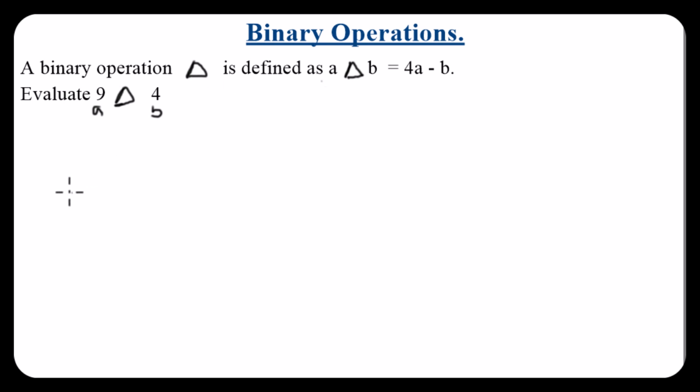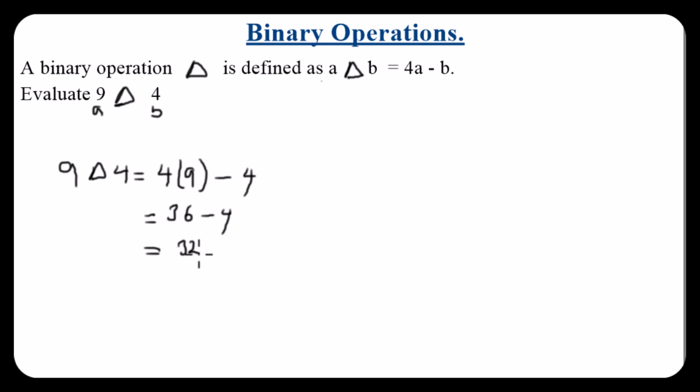So 9 delta 4 should be equal to 4 times 9, anywhere I see A, I write 9 in its place, minus, anywhere I see B, I write 4 instead. So 4 times 9 is 36, minus 4, and 36 minus 4 is 32.